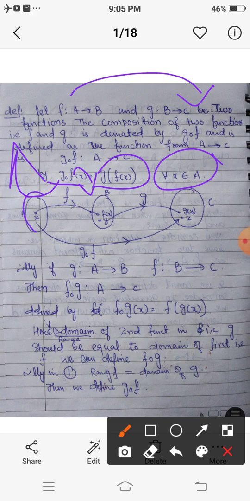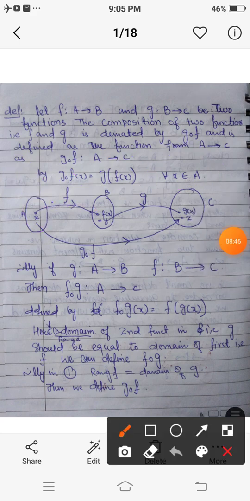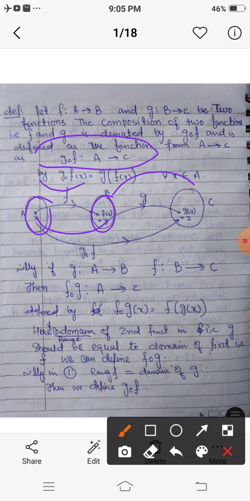Now here we have f, a function from A to B. This f maps or relates x with y, that is f of x equals y. And from B to C we have another function, and this y is related to z by g of y equals z. Now composition means this gof is a function from A to C, because by the definition gof is a function from A to C defined by (g o f)(x) = g(f(x)).